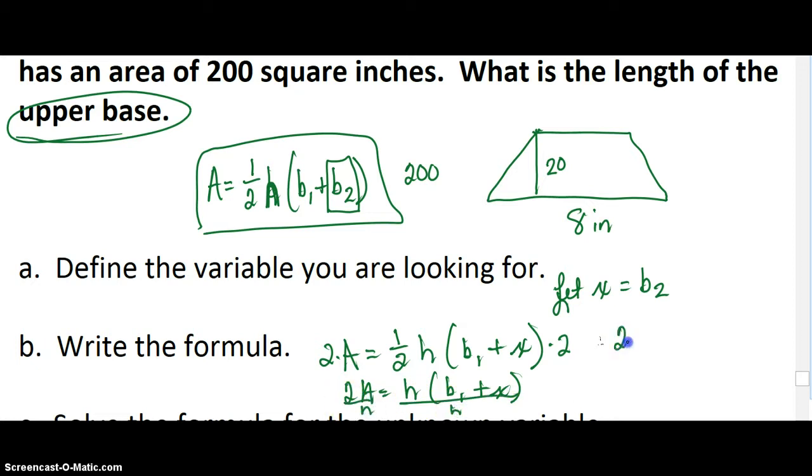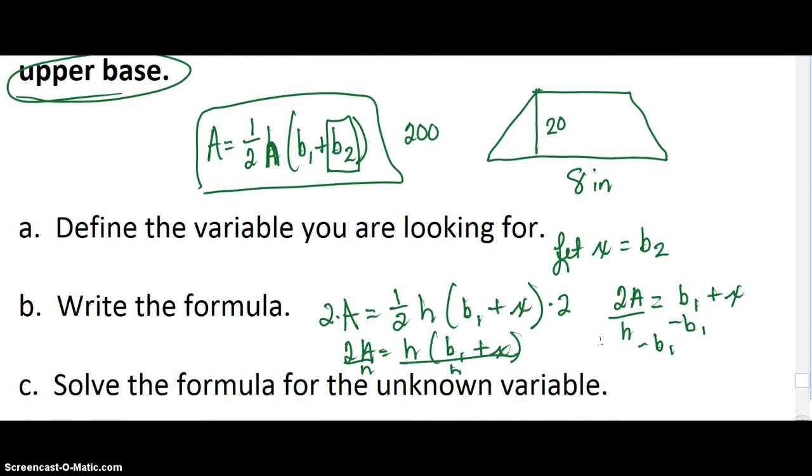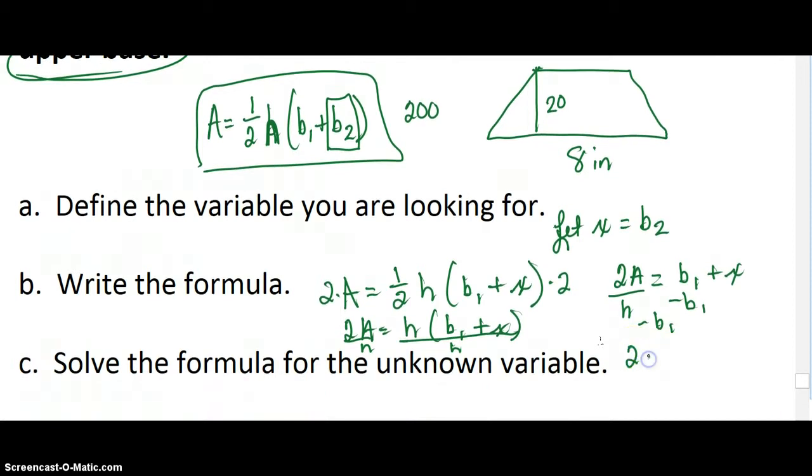So I get that 2a over h equals base 1 plus x. Subtract base 1, subtract base 1. This gives me 2a over h minus base 1 equals x.